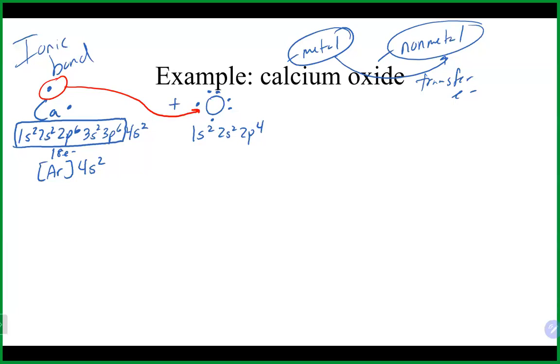Other questions? How do you know that calcium goes to 3p6? Because it has 20 total electrons, and that would be the electron configuration. It goes to 3p6, and then 4s2 is where it ends. Up to 3p6, which is in the box, is argon's configuration.